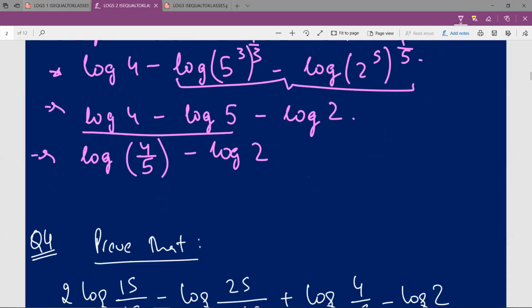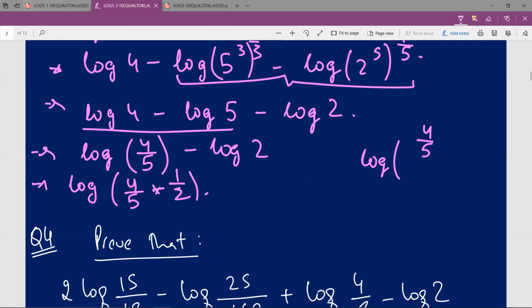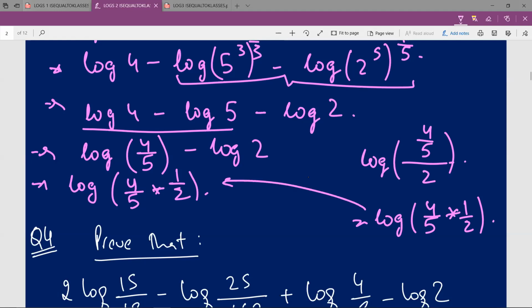Again, applying the second law, I could write this as log of 4 upon 5 into 1 upon 2. Why? Because this would have been log of 4 divided by 5 whole divided by 2, and furthermore this would have been calculated to log of 4 upon 5 into 1 upon 2, taking the reciprocal. So I've skipped one step over here and directly solved the question.